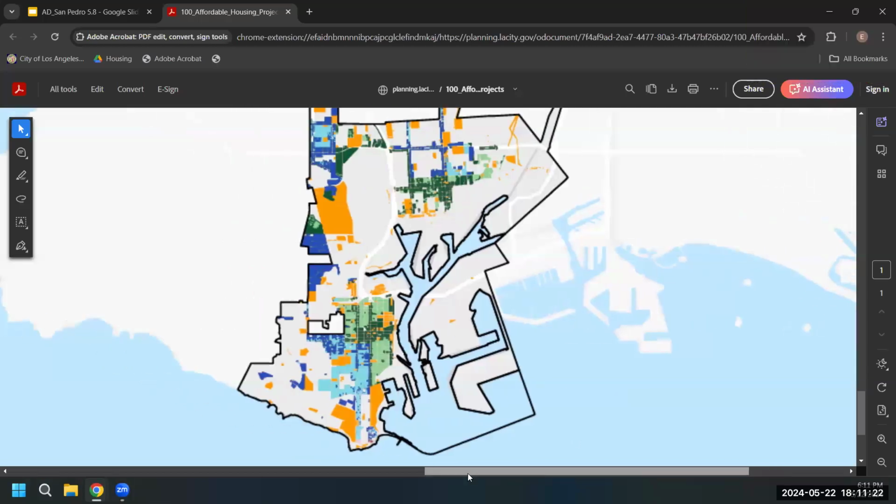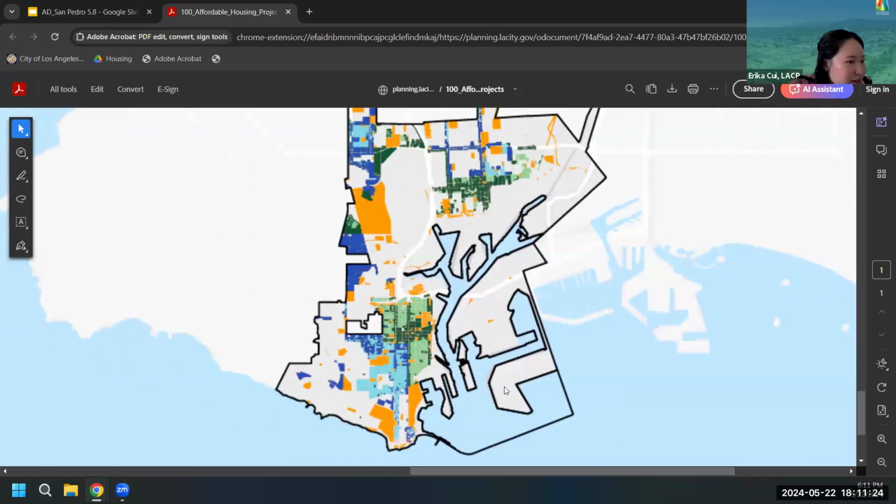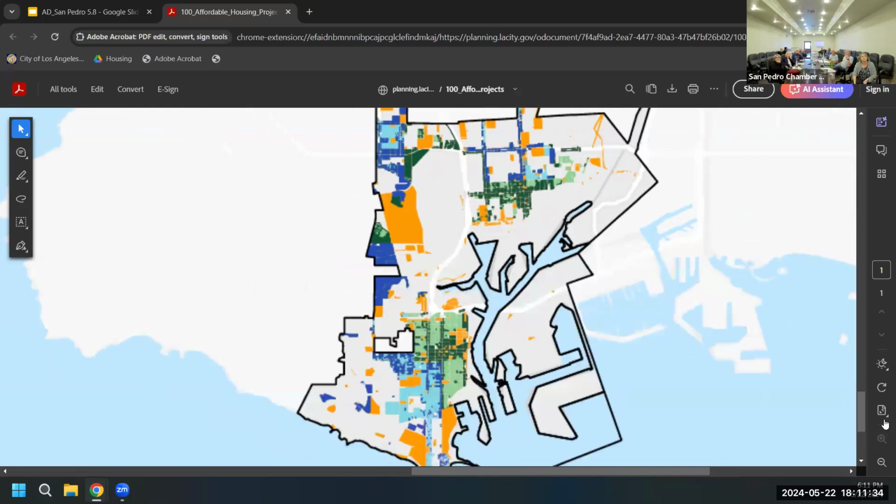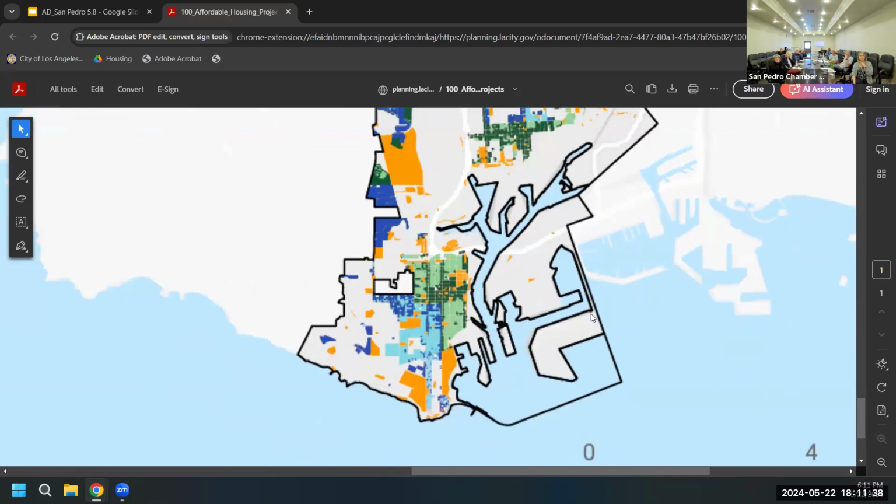This is the extent. Really not showing up on there even now. You can see the patchwork of the light blue and the dark blue, and they're all zoned the same. But we'll just put that in our comments.